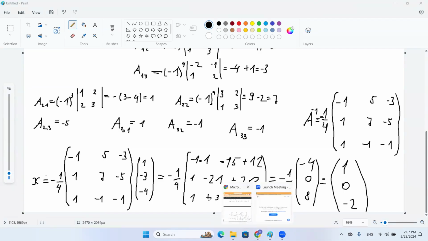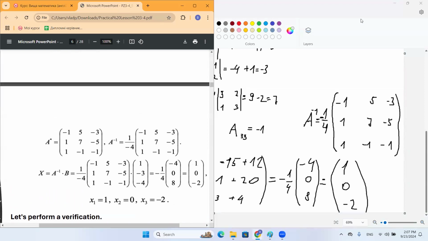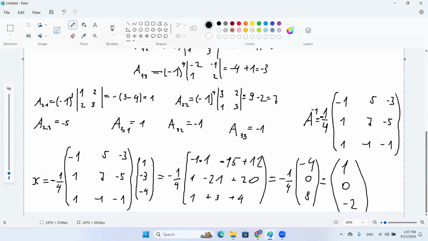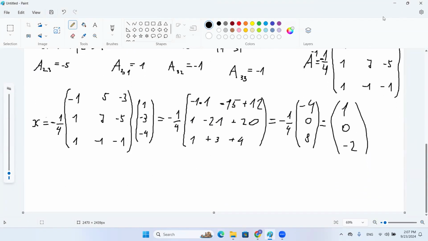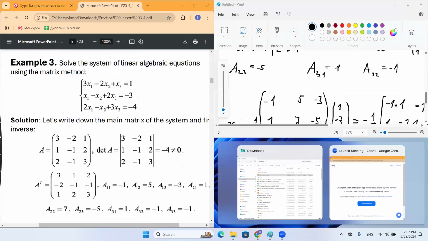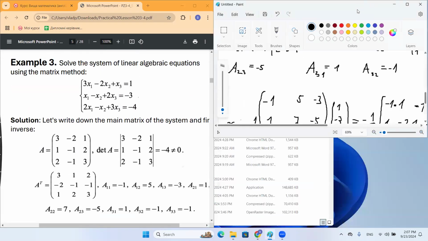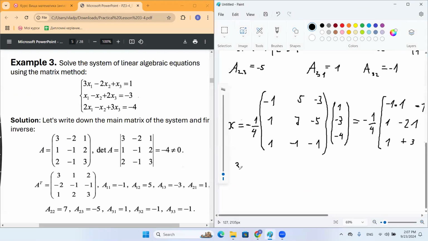Let's check if it's correct. So 1, 0, -2, and now let's spend a couple of minutes to verify. 3 by 1, so -2, just skip. -2 is 1, so then 1 minus 2 by 2. Can you show the answer once again?